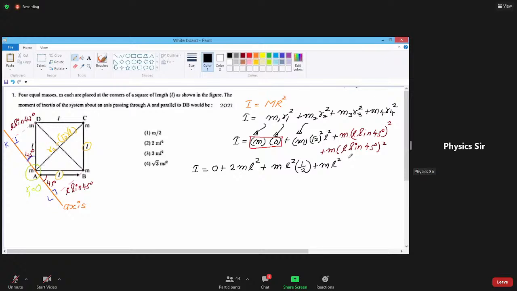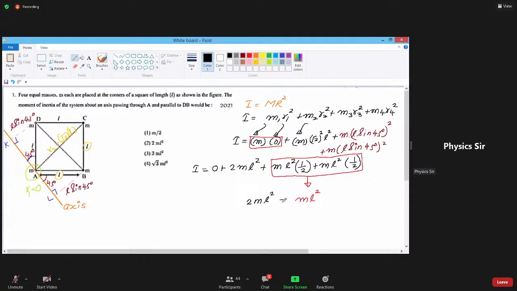Sine 45 degrees is 1 by root 2. 1 by root 2 squared is 1 by 2. So this will be ML squared by 2. This will give you ML squared, and this will be 2 ML squared.